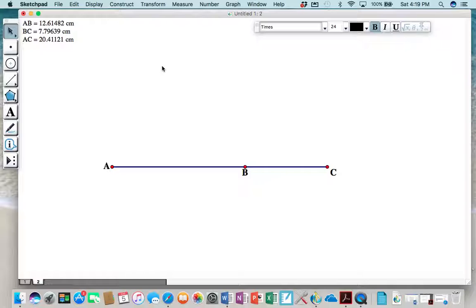And then we'll just figure out that proportion again and see if we do get this. AB to BC is equal to the ratio of AC to AB. All right, so let's try it. Get that back and click there.